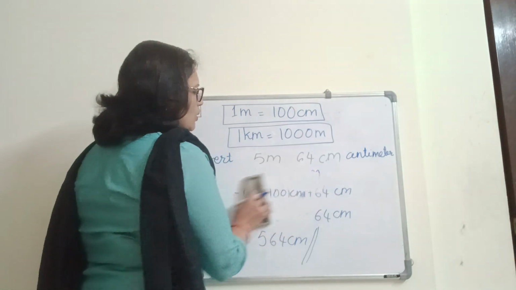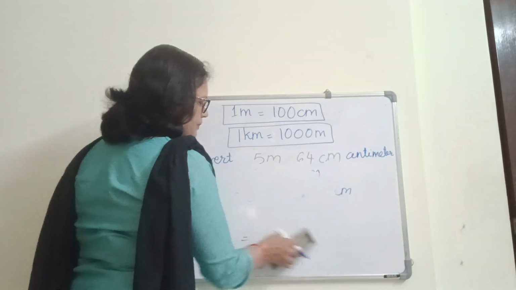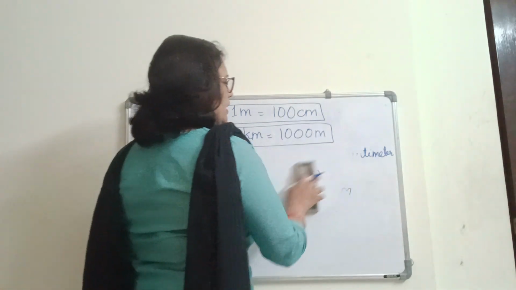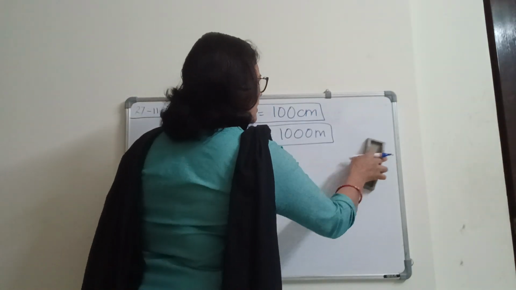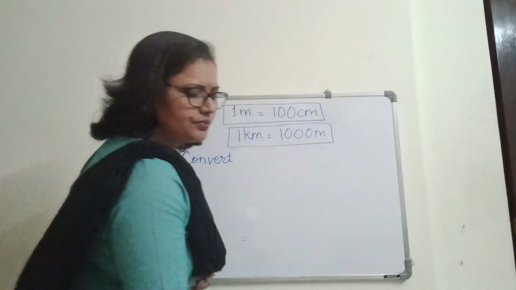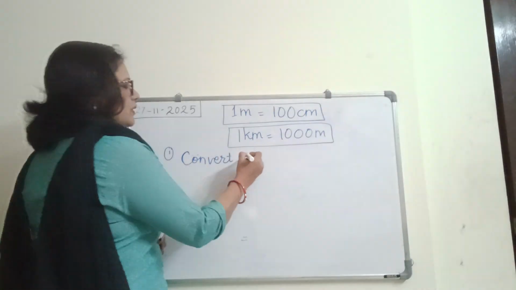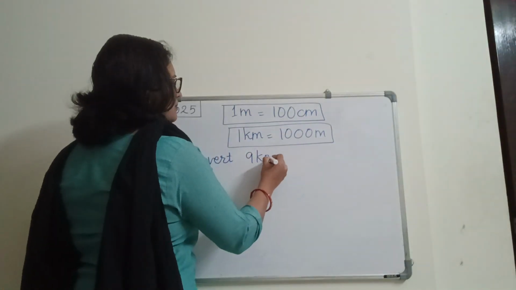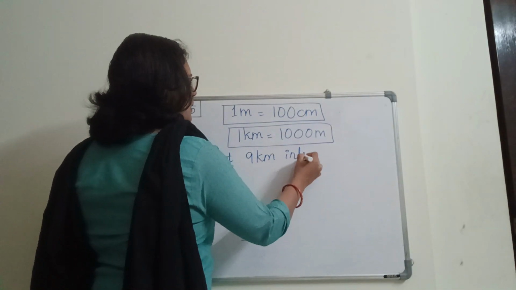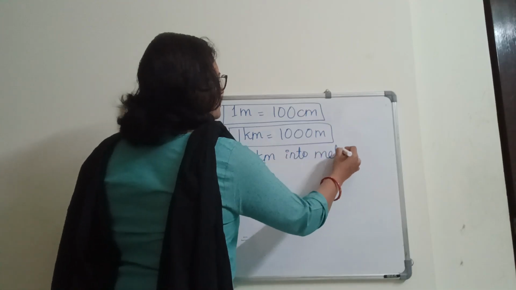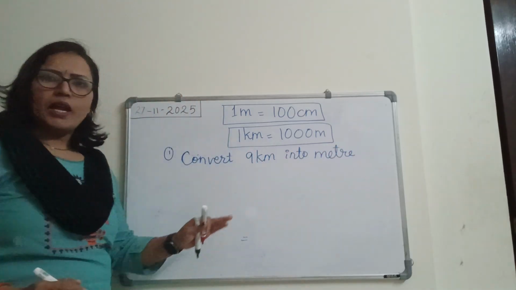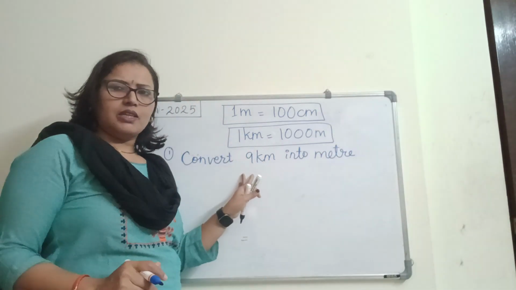Now we see how to convert kilometer into meters. The first question is convert 9 kilometer into meter. So 9 kilometer, again a bigger unit is given.